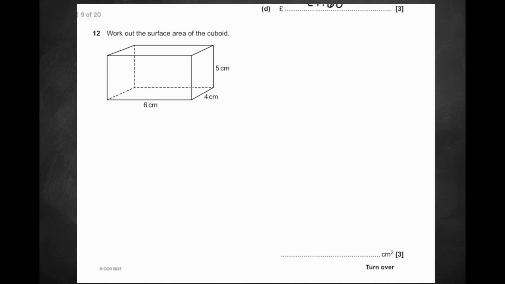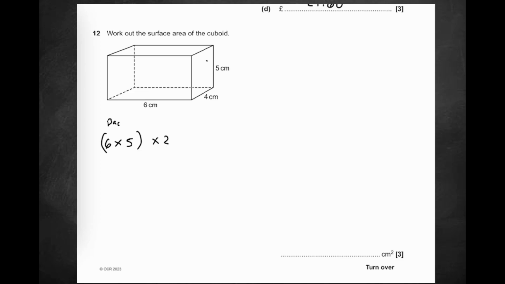Question 12. Work out the surface area of the cuboid. So we essentially have 6 faces of this cuboid. So one face is going to be 6 multiplied by 5. That will be the back. That will also be the front.